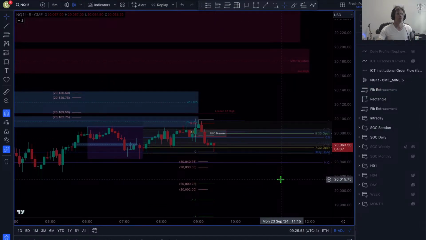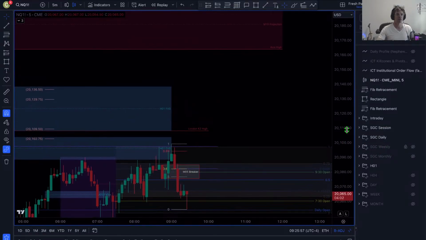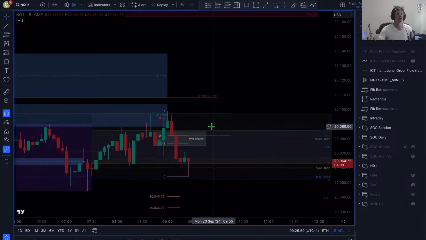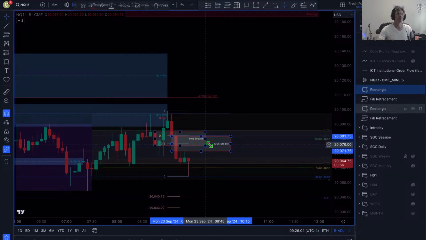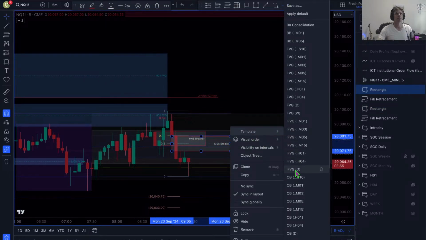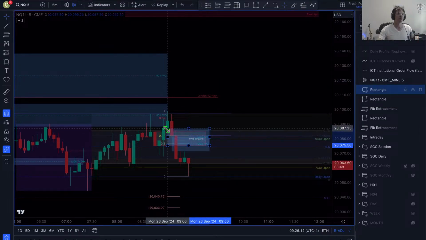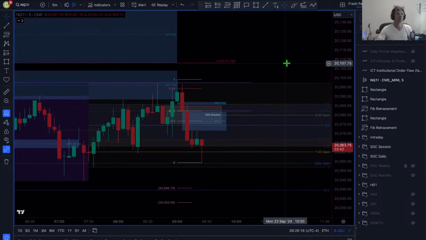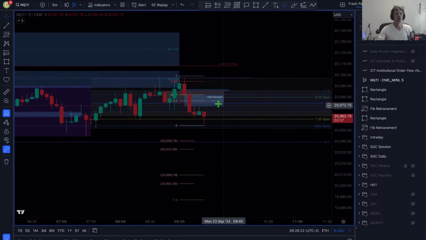And if we use sort of this fib, the entry would be from the breaker. You've got this fair value gap there as well. So those are fair value gaps in the jump start on M5.